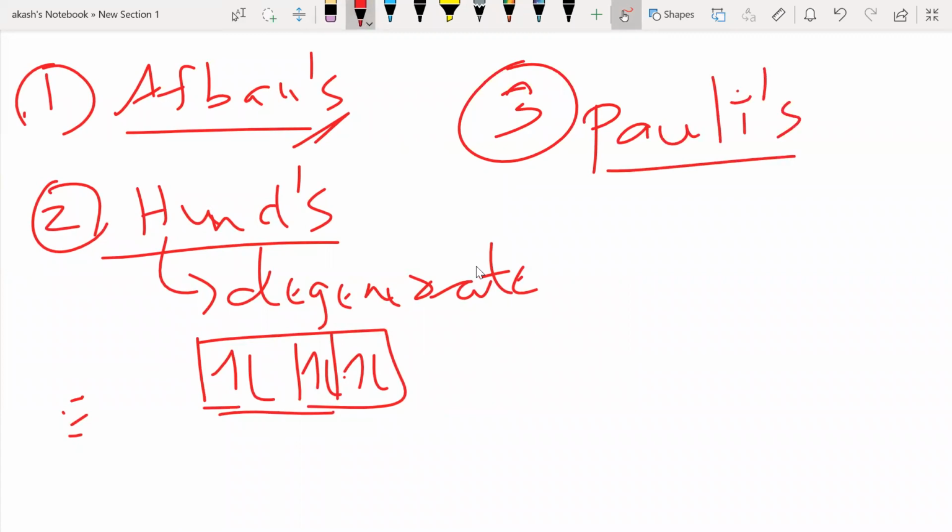What it says is that no two electrons can have all the quantum numbers the same. That means at least one of the quantum numbers is going to be different.